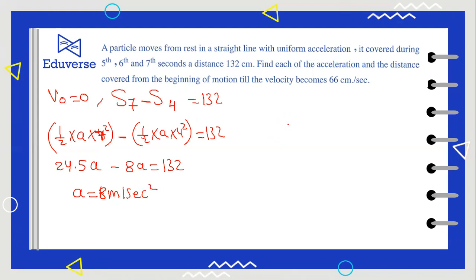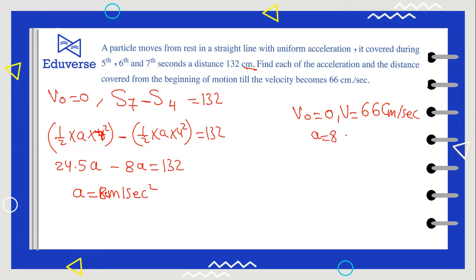I want to find the distance covered till the velocity becomes 66. I have V naught equal to 0, and the terminal velocity is 66 centimeters per second. Here it is centimeter per second, not meter, because the unit is centimeter.